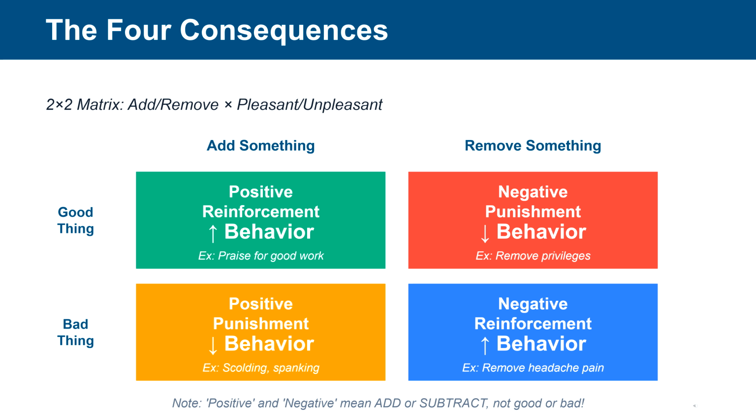This increases the behavior, whereas negative reinforcement means removing something unpleasant after a behavior. This also increases the behavior. Positive punishment means adding something unpleasant, which decreases the behavior, and negative punishment means removing something pleasant. This also decreases the behavior.